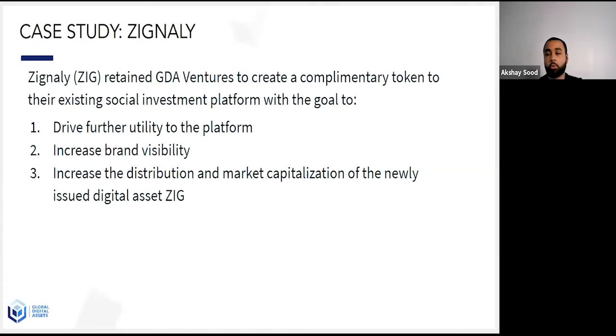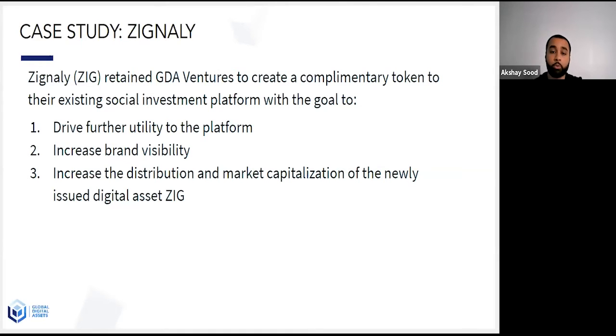Say I'm an expert trader, you can copy my trades and make money based off my trades. That was their business model, and they had connected to all of the major exchanges, Binance, FTX, BitMEX, and all that. But they wanted to create a token and go to market with that.